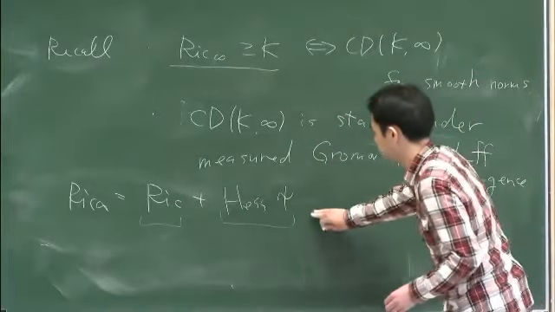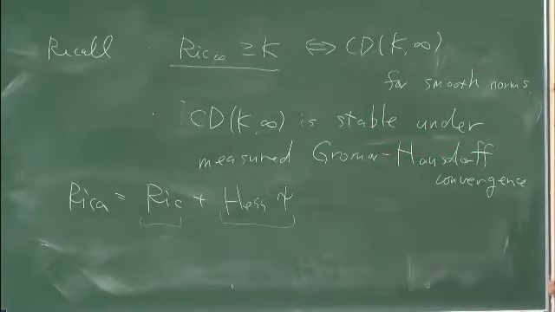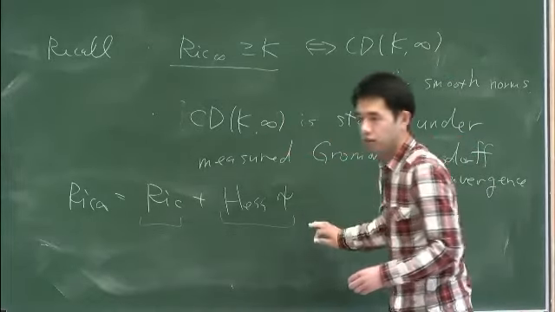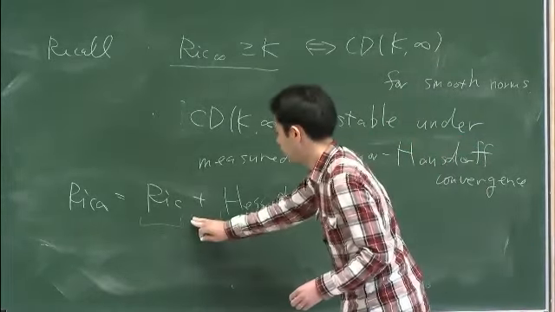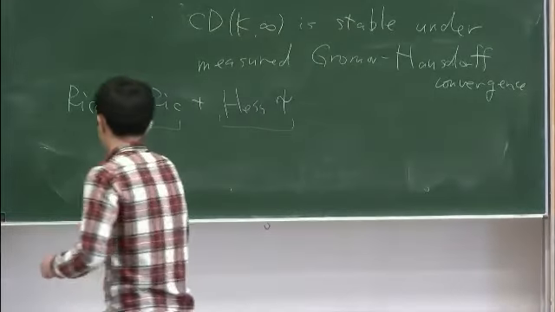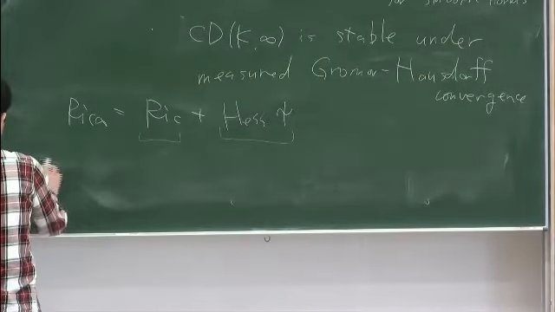Maybe this measure part is easier, and for the Ricci curvature part I have a more concrete problem.